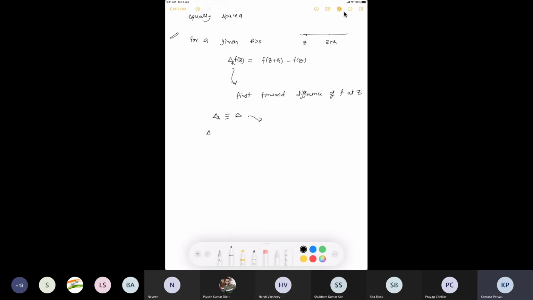So basically delta h of f(z) is the same as delta of f(z), which is f(z plus h) minus f(z). This operator delta h, or so-called delta, is called the forward difference operator.